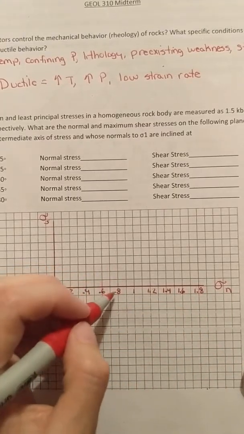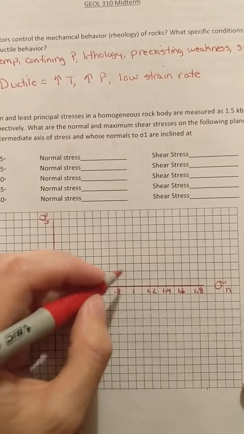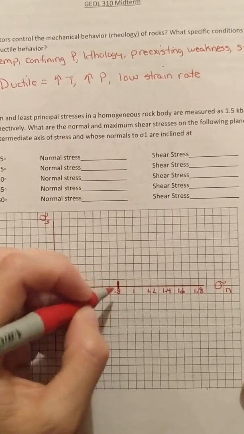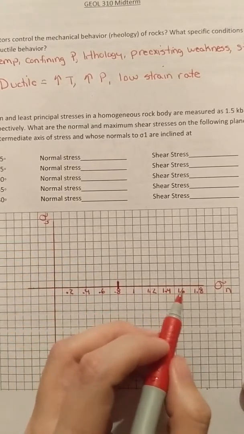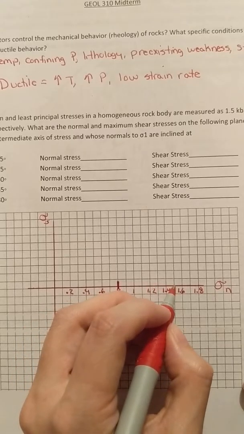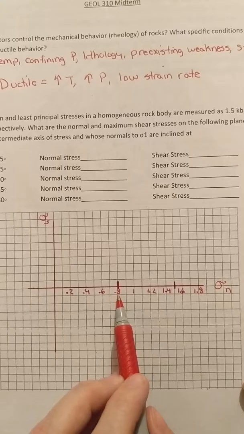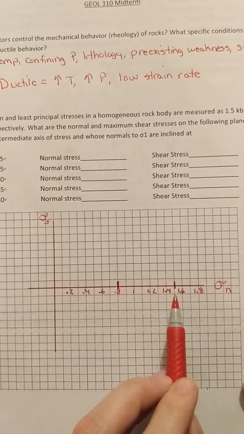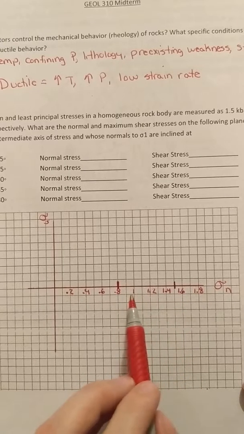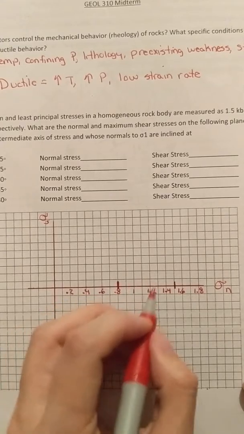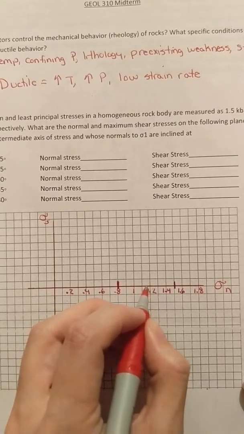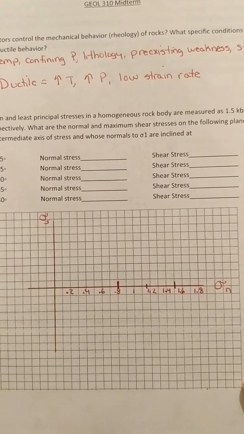So our minimum principal stress, which is our sigma 3, is going to be our 0.8. Our maximum, our sigma 1, is going to be 1.5. If you add 0.8 plus 1.5 divided by 2, you're going to get 1.15. So this gives us the center of our circle.